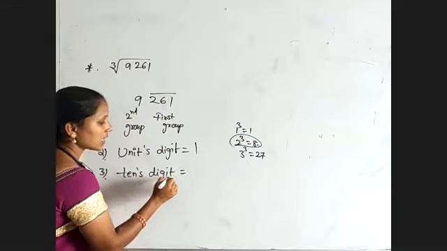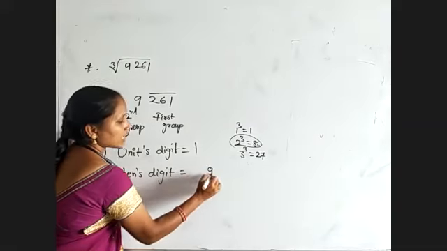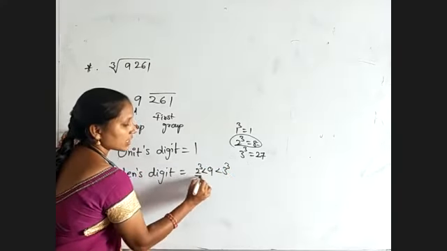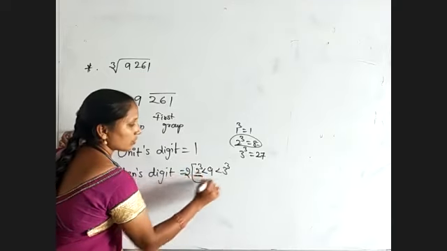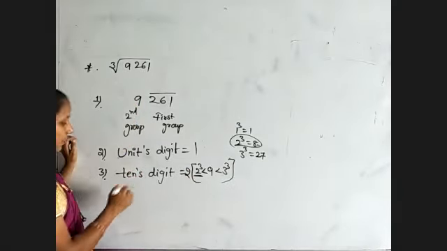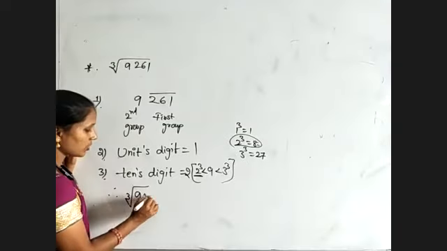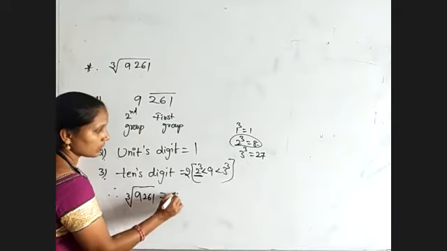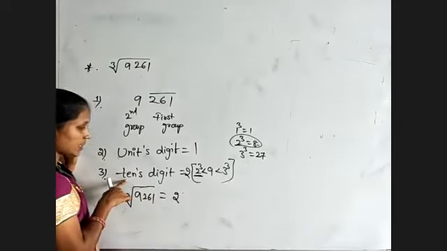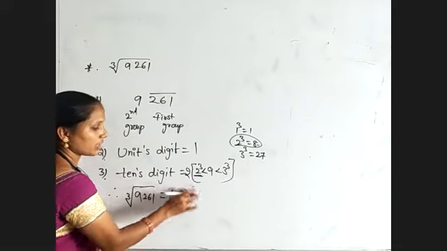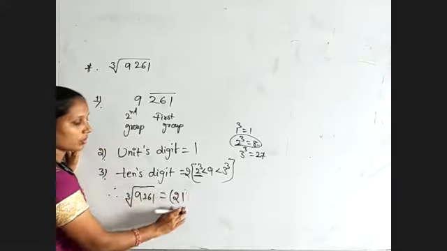So because 9 is lying between 2 cube and 3 cube, the tens digit must be equal to 2. Therefore, the cube root of 9261 is equal to 2 in the tens place and 1 in the units place, 21. That's all.